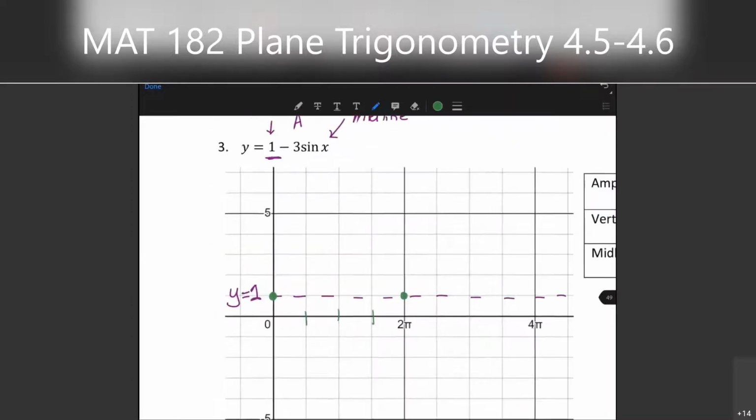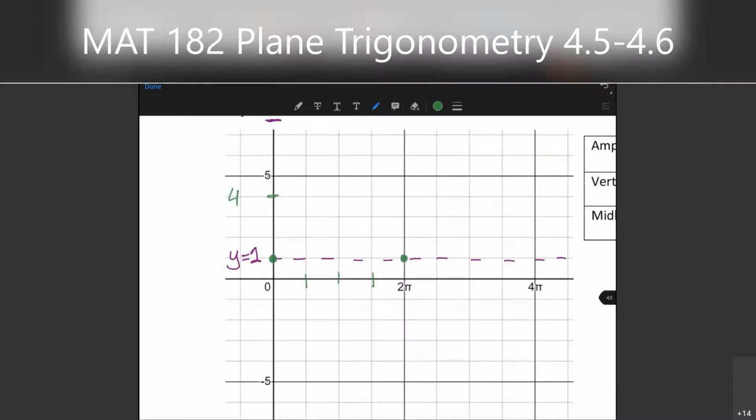I have a -3 in front of my sine. Amplitude from here is 3. So if I go 3 units up, that would be at 4. That would be where my maximum is going to be. Where would my minimum fall? -2. Yep, -2 would be my minimum. So -2 to 4 is my range.